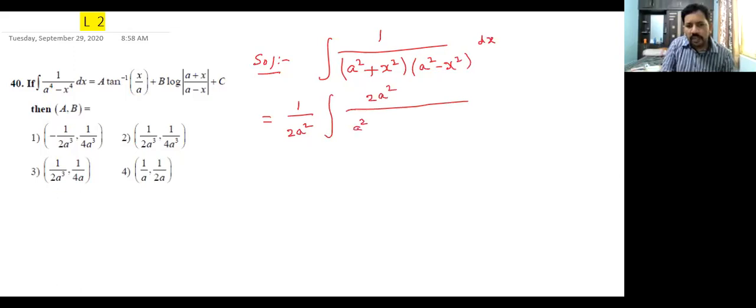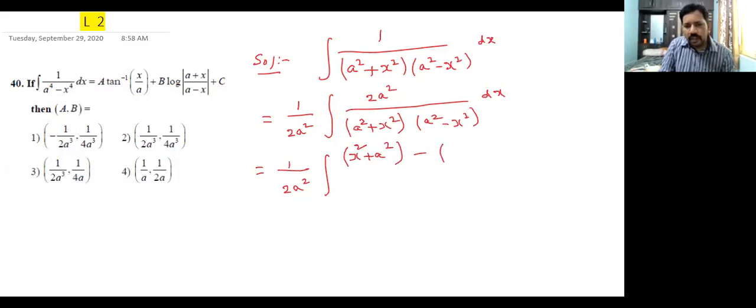Then the denominator part is the same, a square plus x square, a square minus x square dx, with 1 by 2a square outside. For the numerator, the denominator is a square plus x square, so we can write it like this: a square plus x square plus a square minus x square.